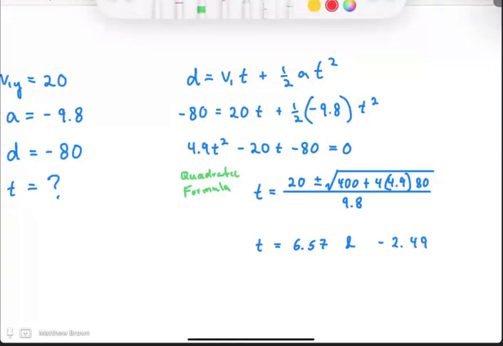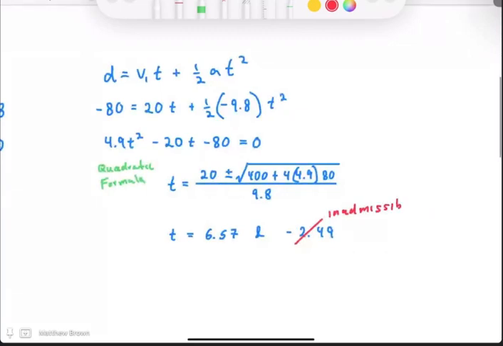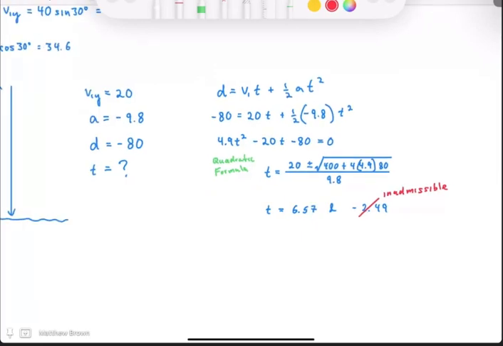This second one, of course, we will dismiss and say this is inadmissible, right? Because we don't want the negative time. This just means if you were to graph this function, that would also be one of the zeros, but it's negative. Or I sometimes like to think of the physical interpretation.